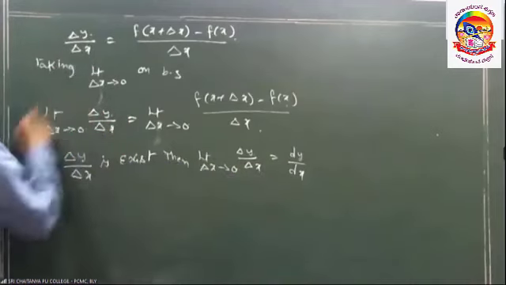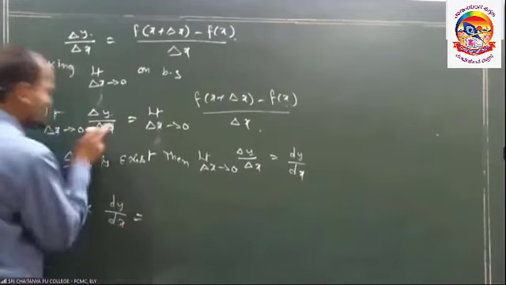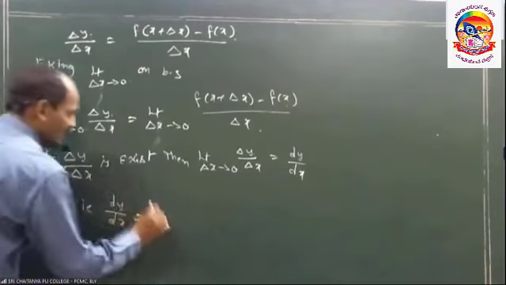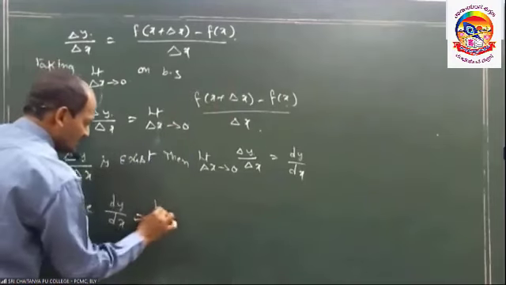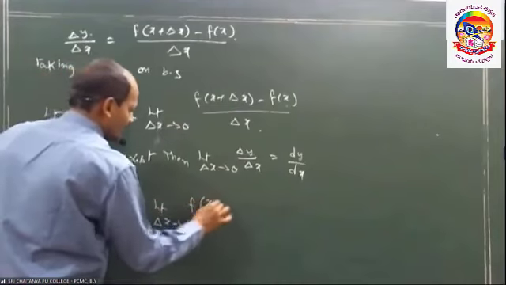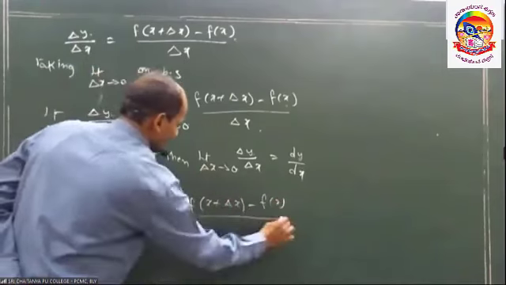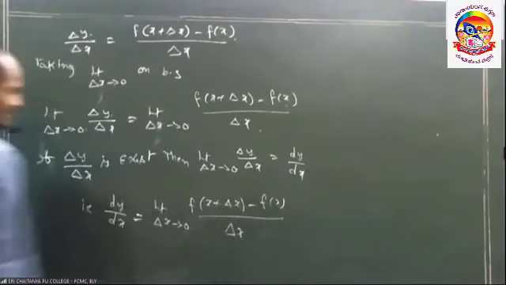Now this whole LHS term is dy by dx, and the RHS term stays the same. So dy by dx is equal to limit delta x tends to 0 of f of x plus delta x minus f of x, divided by delta x.